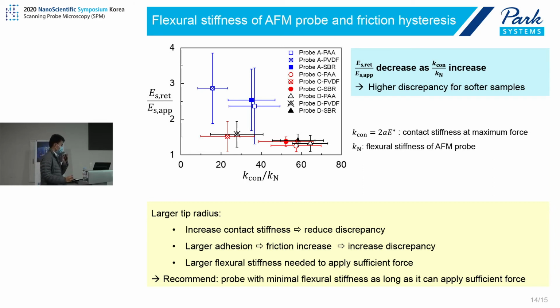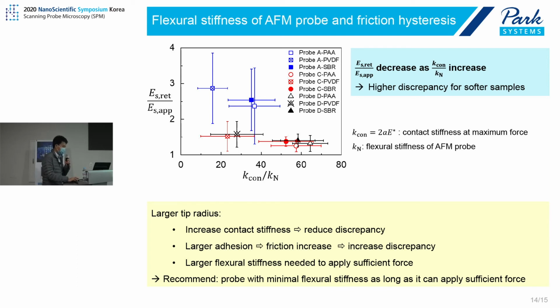And the hysteresis due to friction can depend on the flexural stiffness of the AFM probe and the sample. So to further investigate this effect, the ratio of the Young's modulus determined from the retract over the approach is plotted as a function of the K-con over Kn ratio. K-con here is defined as the contact stiffness at the maximum normal force, and it depends on a, the contact radius, and E, the effective elastic modulus.